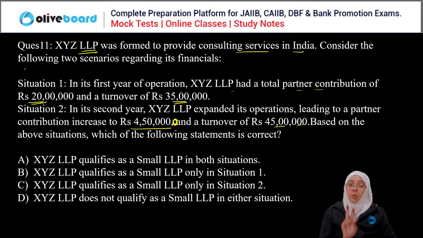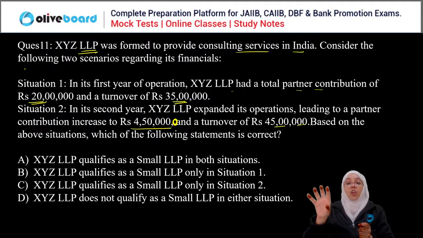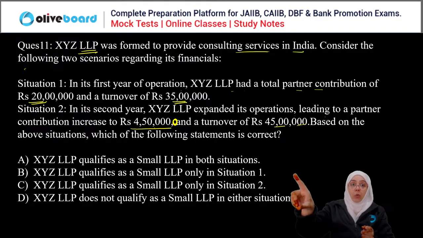So there is a second condition in a small limited liability partnership, if you all remember. In the normal scenario, it should not exceed 25 lakh or 40 lakh, but there is an upper limit also. The contribution of the partners can be 25 lakh, and the higher amount cannot exceed 5 crore.